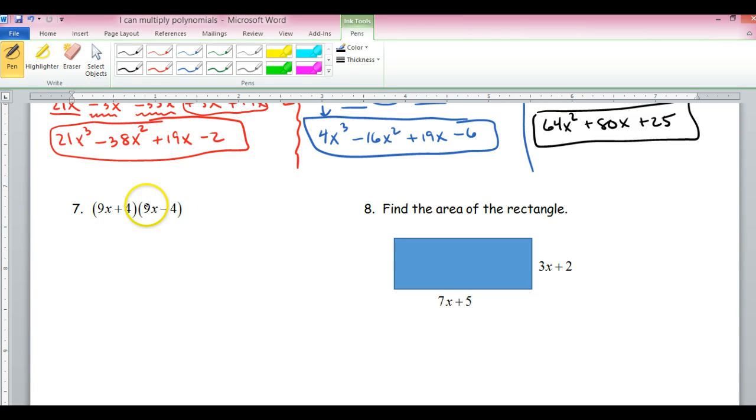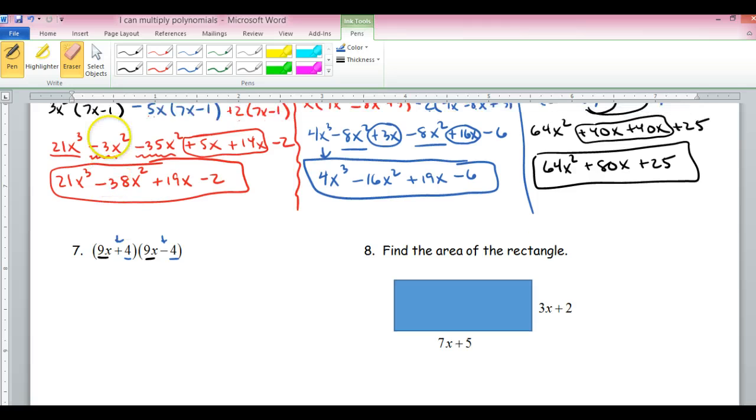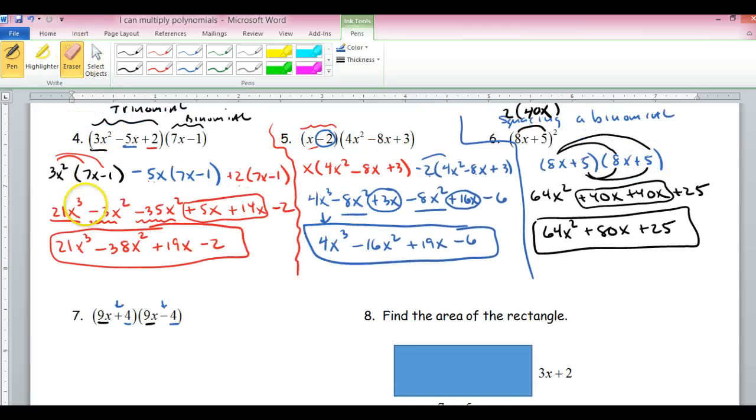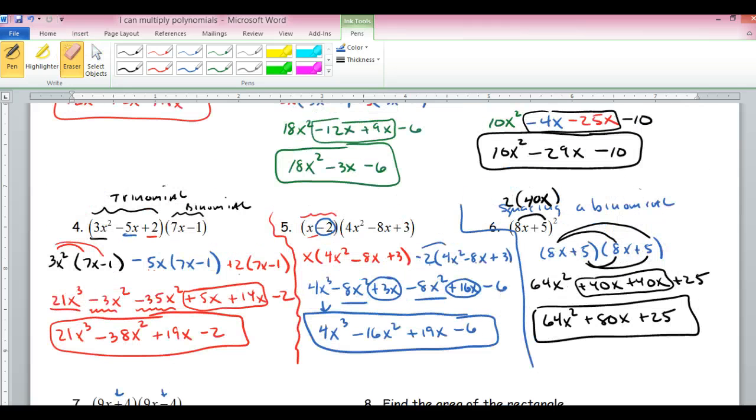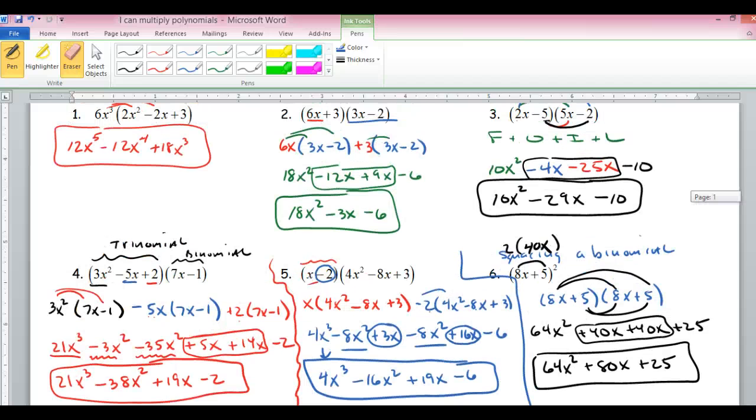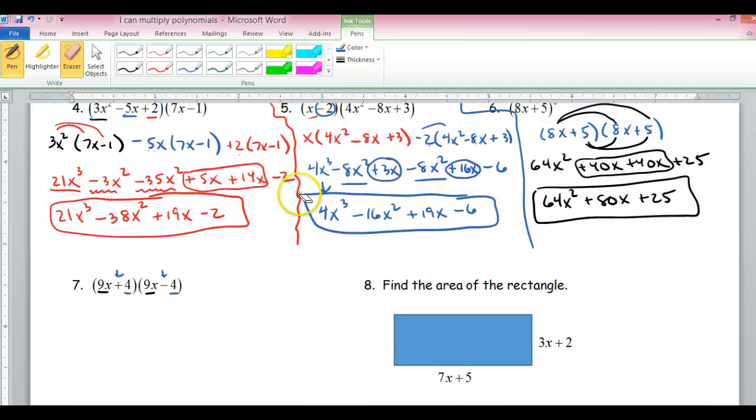Now, this problem here is called a sum and difference. And the reason is both first terms are the same, and the last terms are the same, but the signs are different. Now, what happens when we multiply these out? Well, this doesn't happen all the time.